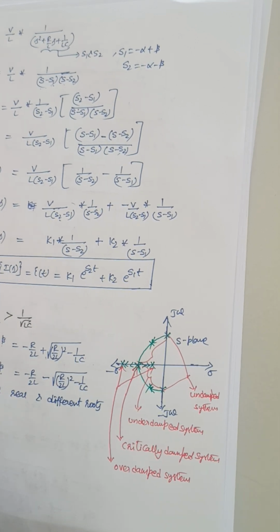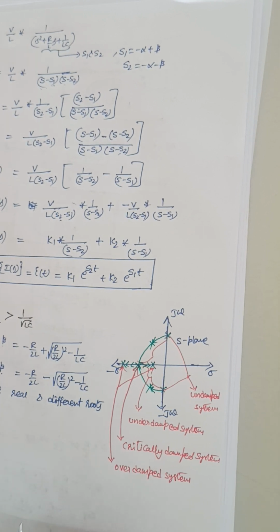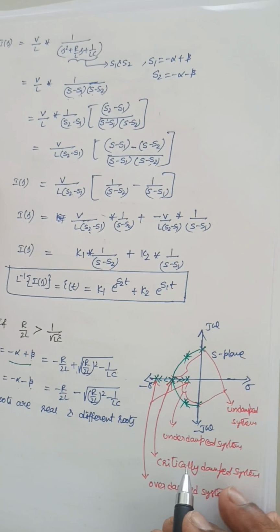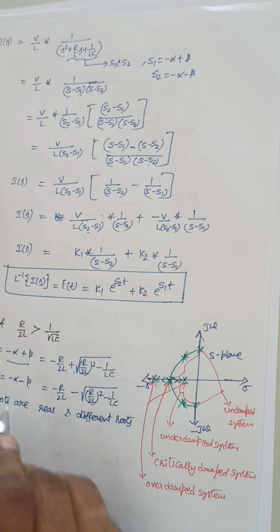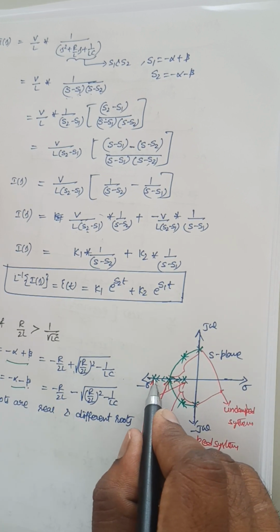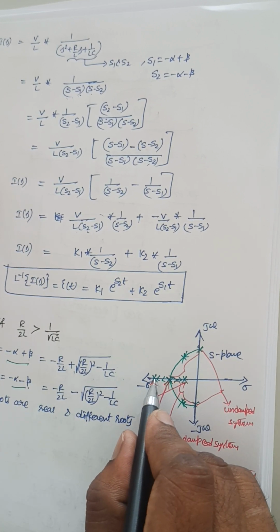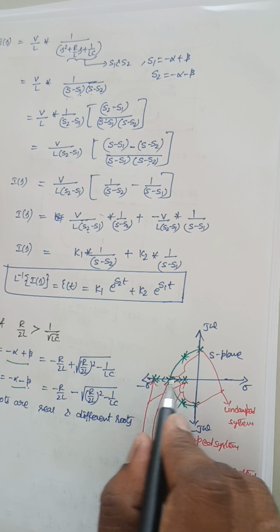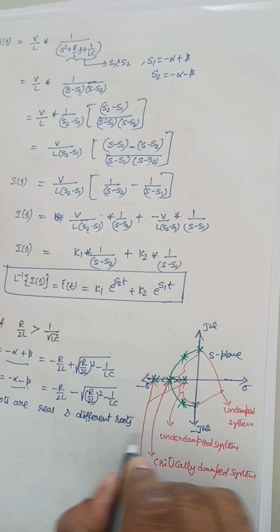So here this is one root, minus alpha plus beta, and this is the other root, minus alpha minus beta. These two roots are on the negative real axis and they are different roots.